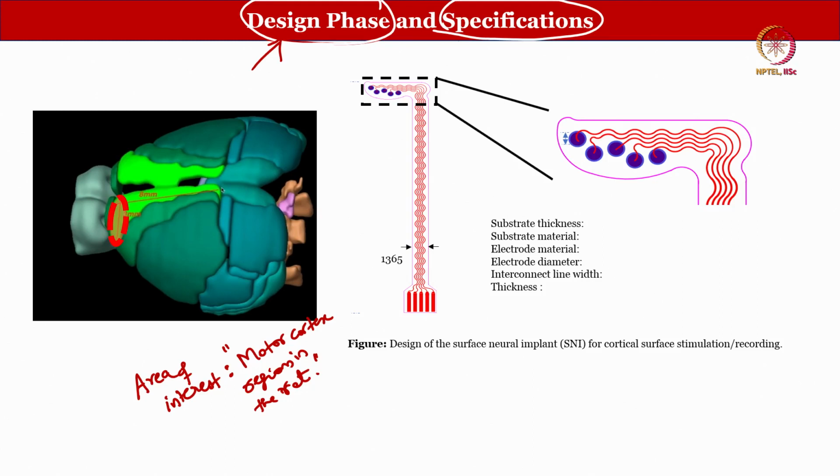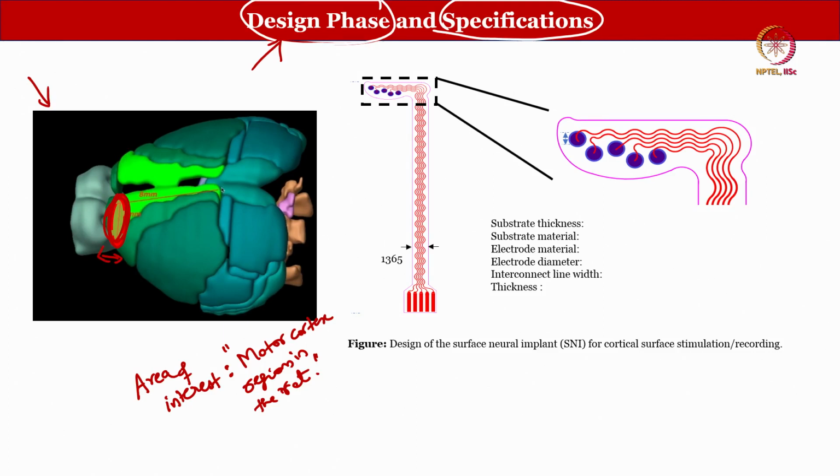The signal flows from other areas to the motor cortex and from the motor cortex to the limbs, which move, but the idea is just to decode the motor signals from the brain. Now, here is the representation of that motor cortex. In the left picture, this is the area of interest, around 1 mm by 3 mm. I know this is the area that I am looking at.